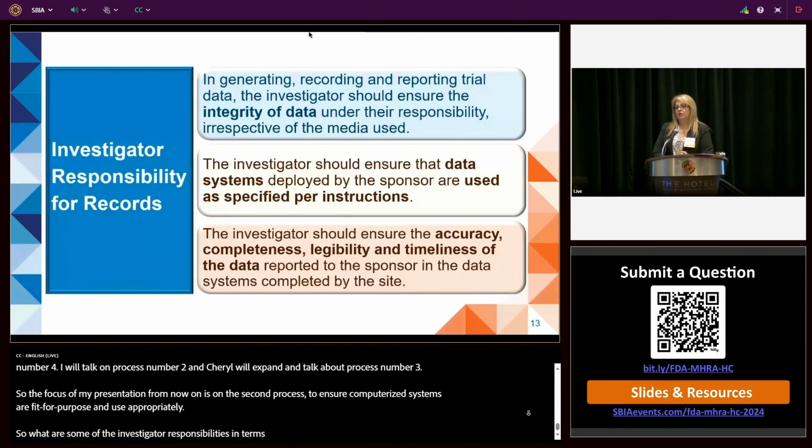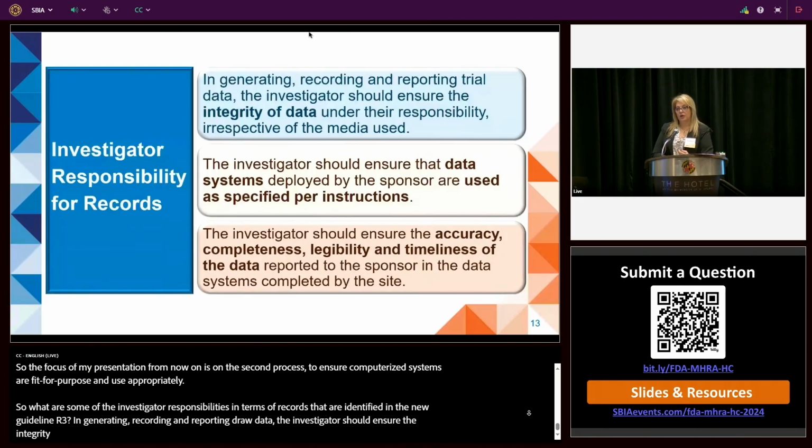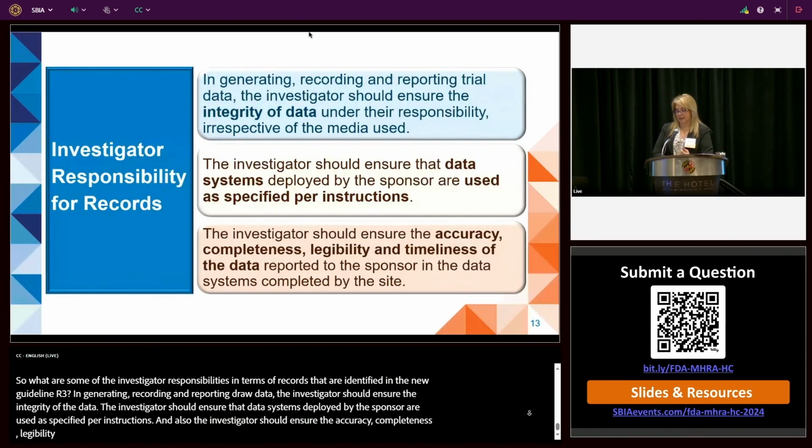In generating, reporting, recording data, the investigators should ensure integrity of the data. The investigator should ensure that data systems deployed by the sponsor are used as specified per instructions. And also the investigator should ensure the accuracy, completeness, legibility, and timeliness of the data reported to the sponsor in data systems.